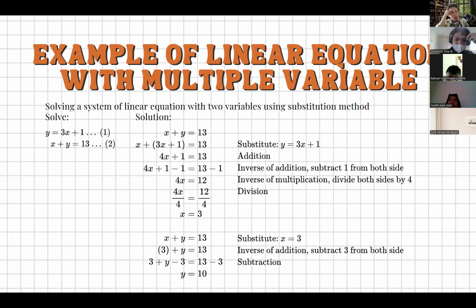So we get 4x plus 1 is equal to 13. Then we do inverse of addition, which is subtract 1 from both sides, so we get a new equation of 4x is equal to 12. Then we do inverse multiplication, which is divide both sides by 4. Then we get a new equation, which is 3 is equal to x.